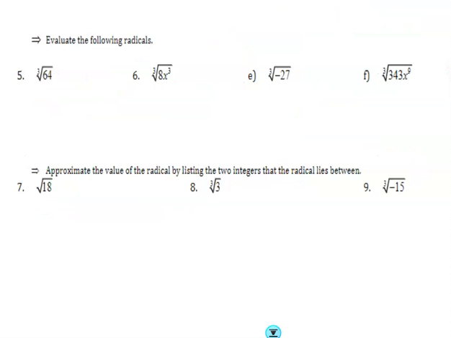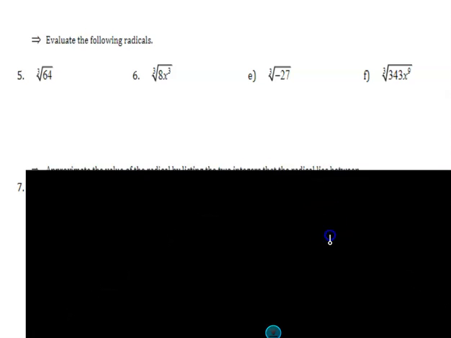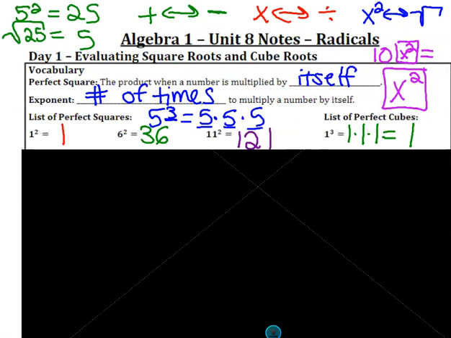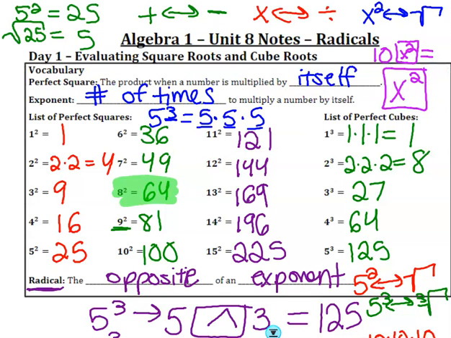All right, so now let's move on to the next ones. Evaluate the following radicals. Okay, so I'm just going to focus on those. So the cube root of 64. Okay, so I want groups of 3. All right. First, I'm going to look at my chart and see if I can find 64. Well, 64 is in 2 places.